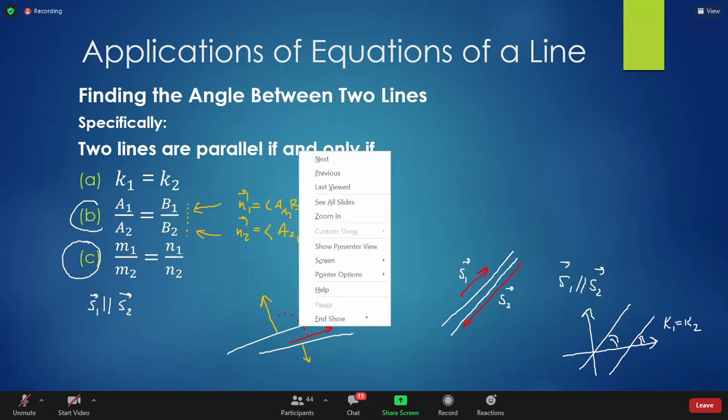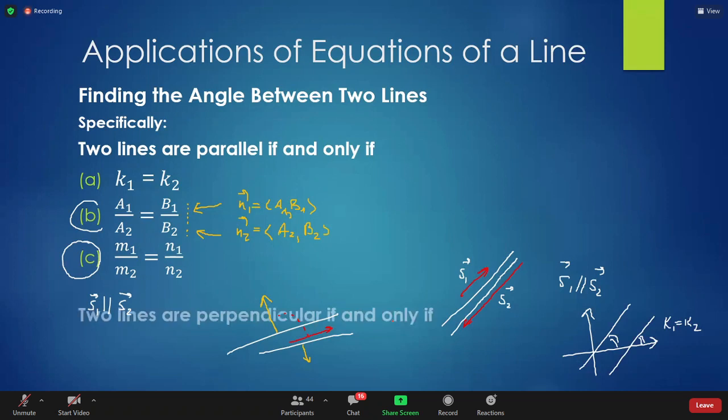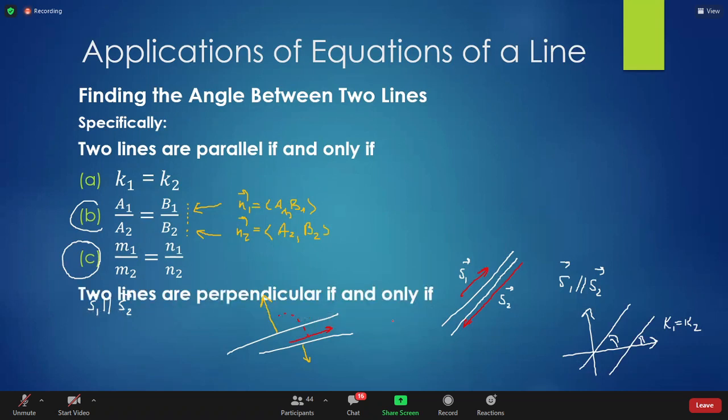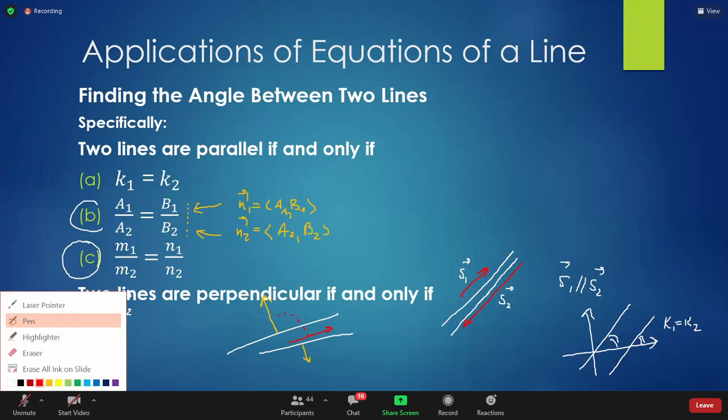Okay, next, two lines and perpendicularity. The perpendicularity would be if the two normal vectors are perpendicular, if the two direction vectors are perpendicular, of course. And finally, something about the slopes. So I will now in fact erase my scribblings and write properly.